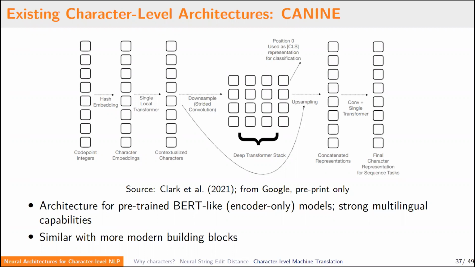It is downsampled, not using max pooling as in the previous case, but using a convolution with quite a large kernel size but a small stride. In this way, they also get a shorter sequence of vectors.